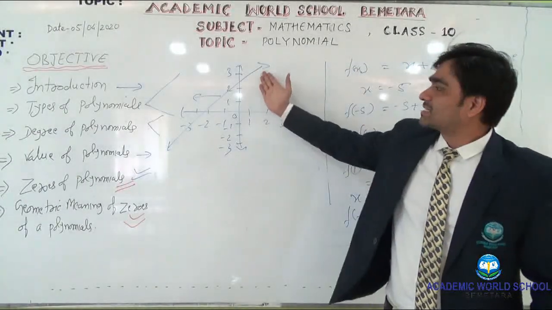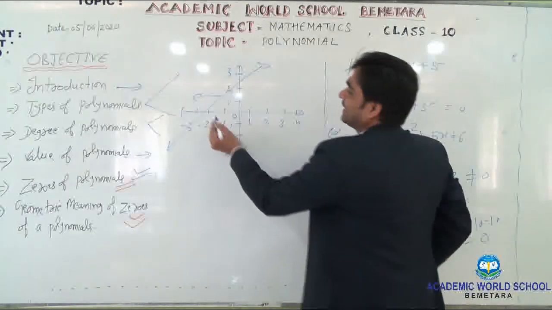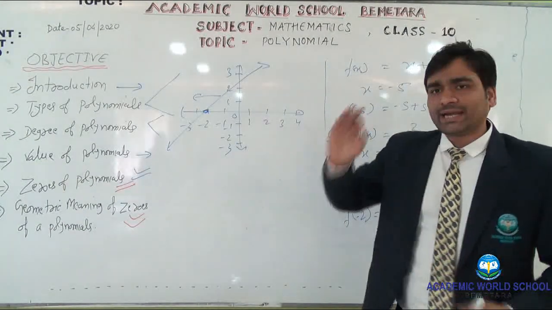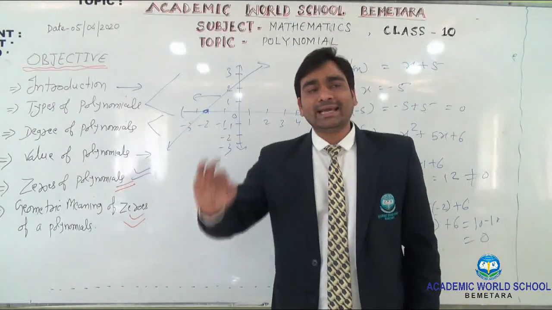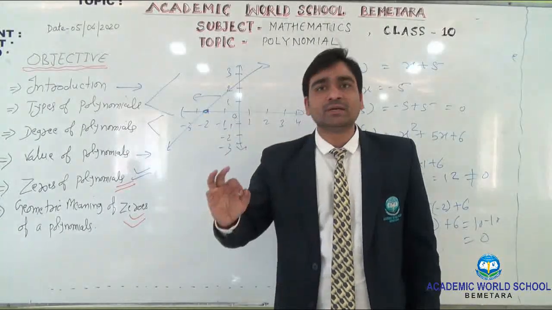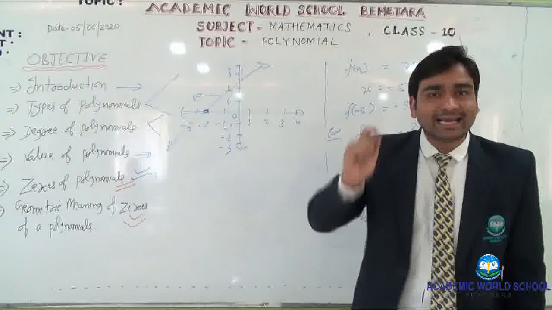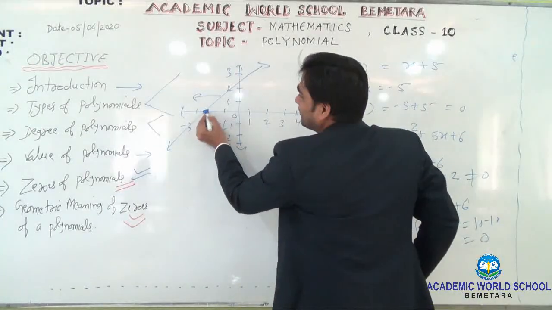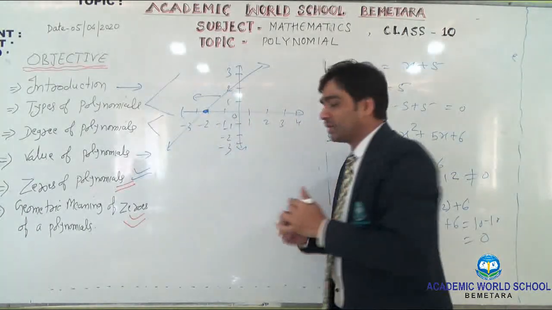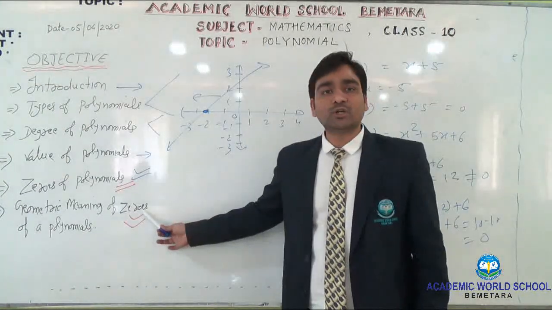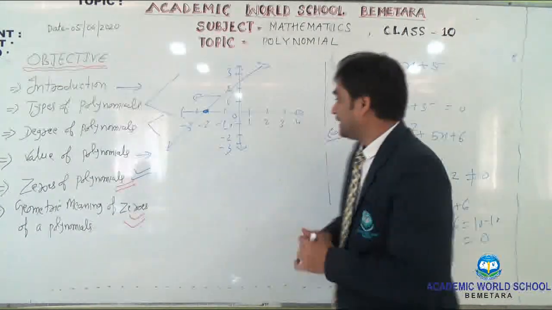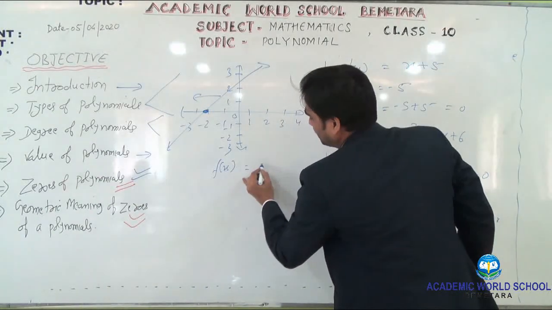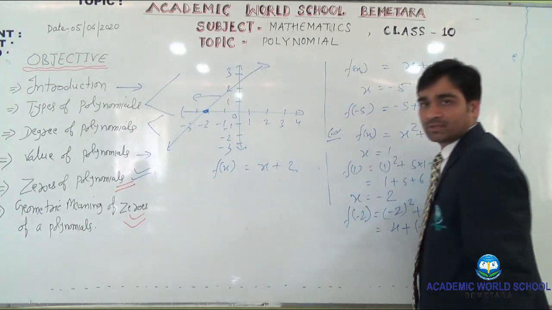Whenever any straight line or any curve intersects the x-axis at any point, this intersecting point is known as the zero of the polynomial. Let's take an example, f(x) equals x plus 2.